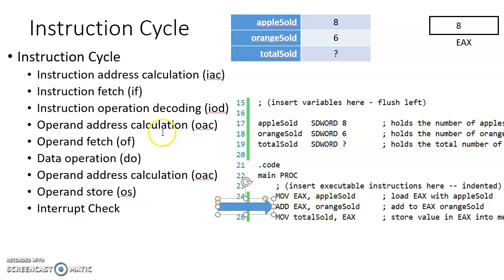And it is going to figure out that there is an operand. So now the instruction operand decoding is figuring out where in memory this orange sold is, and then the operand fetch. Now in this case, it is going to have to temporarily hold somewhere on the processor that 6.